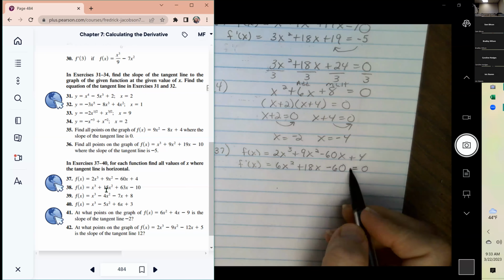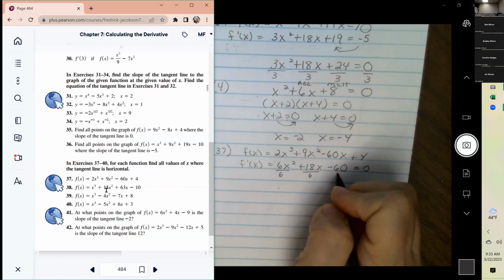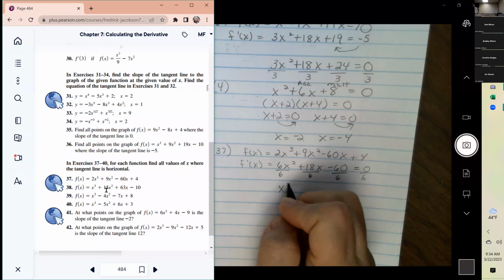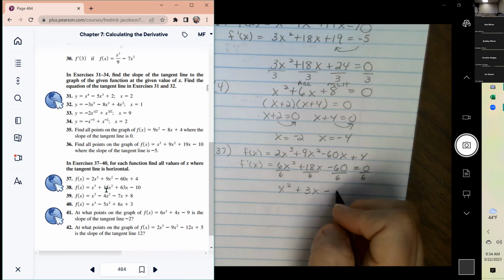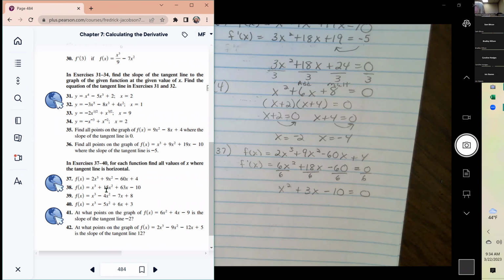Again, I can divide by the number in front to make my value smaller and see if I can factor. X squared plus 3x minus 10. Is it factorable?